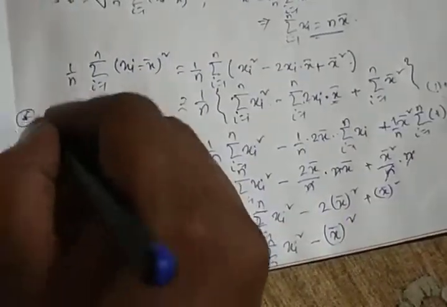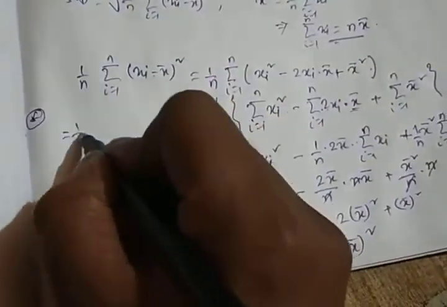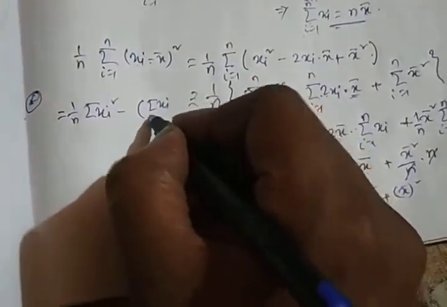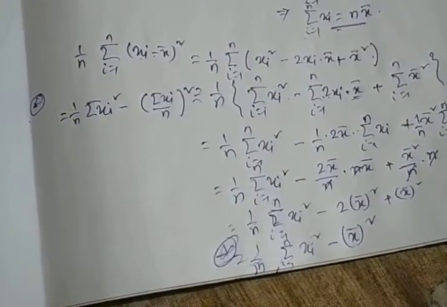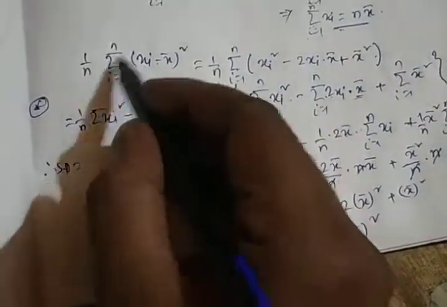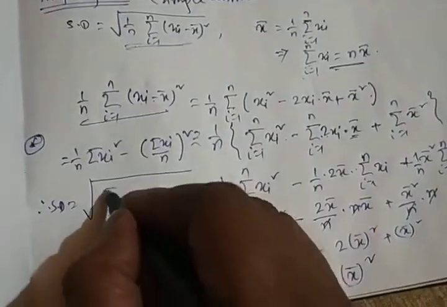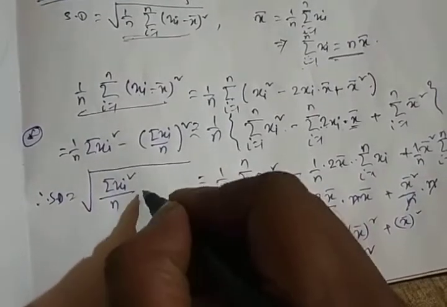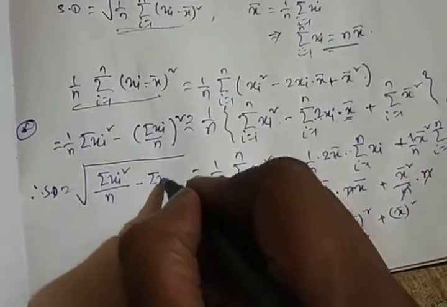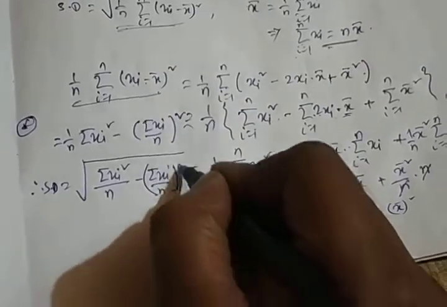Okay, so if you take the formula x bar square means, so this is equals to 1 by n summation xi square minus x bar, meaning summation xi by n, then whole square. Okay, so SD equals to, if we put this term in this part, SD equals to root under of summation xi square by n minus summation xi by n, then whole square.